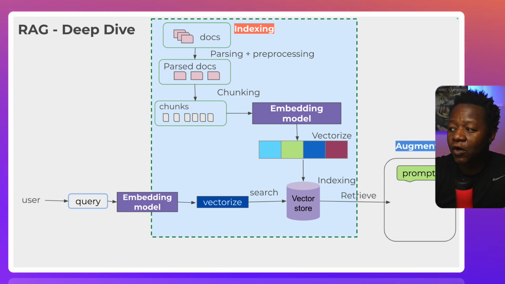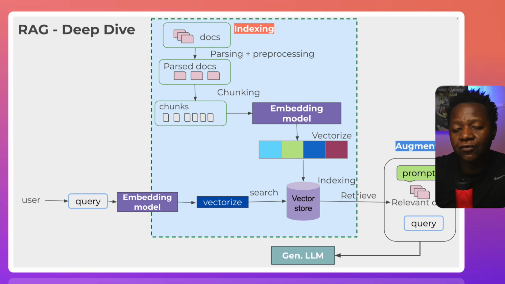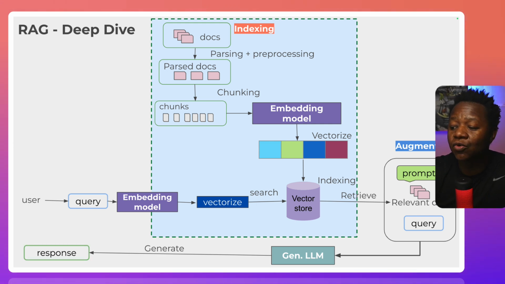Those are part of the augmented side of RAG systems, which means we have the prompt, those pieces of relevant documents, and then the query, and all of that is passed through a large language model, which is then able to infer that information and generate the response. So this is what RAG systems really are. This is how they work.